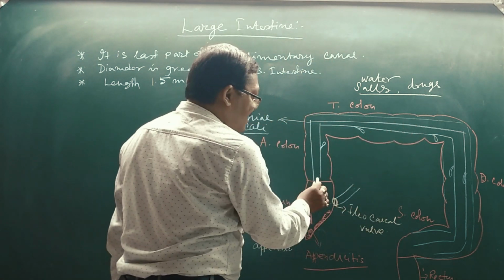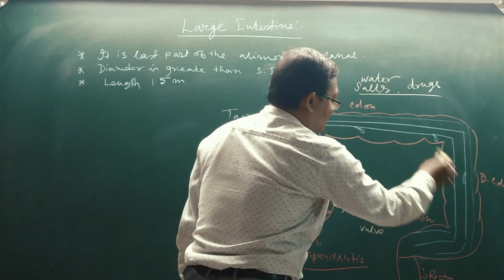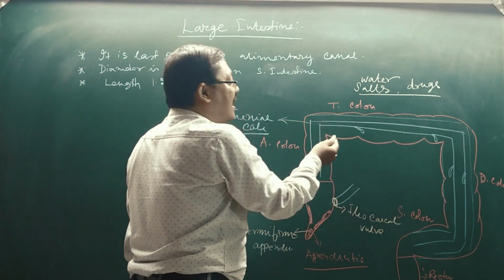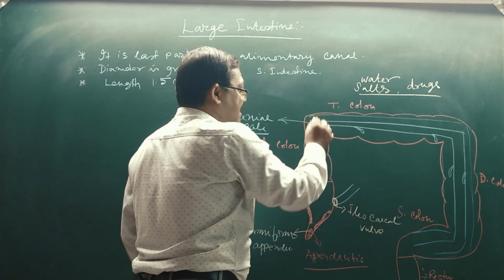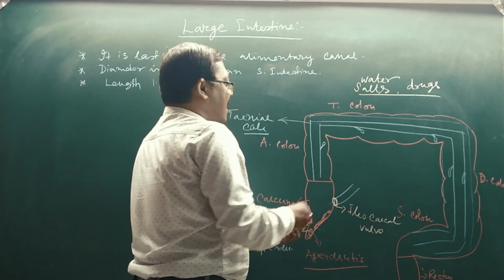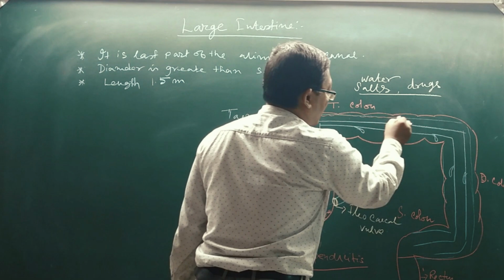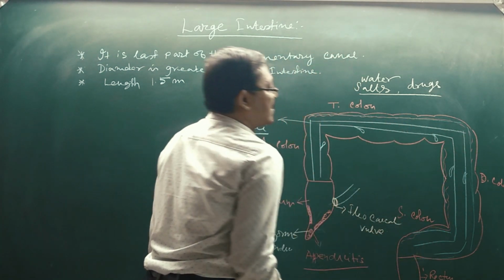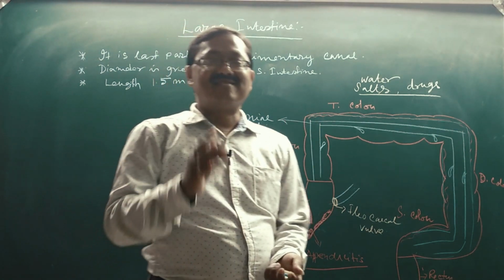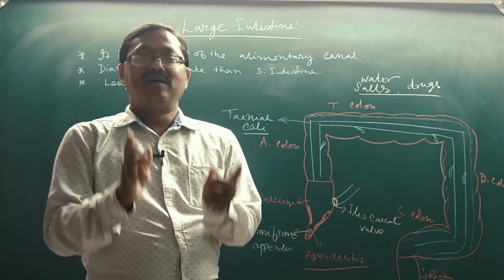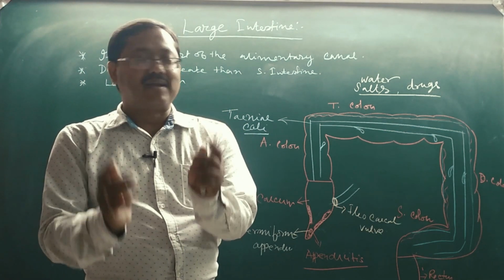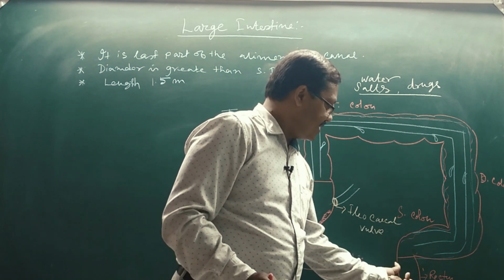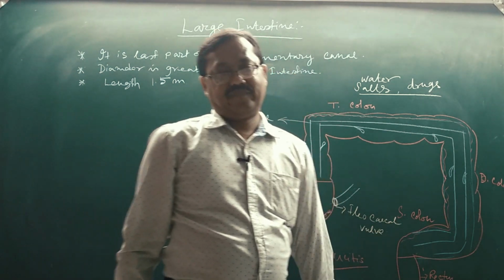They are absorbed into the blood vessels present in the submucosa layer of the large intestine. After absorption, dry, adhering undigested food material is produced, and this matter is stored in the rectum.